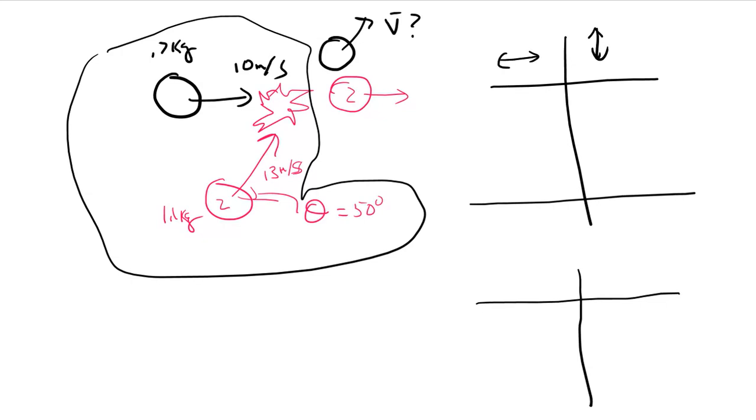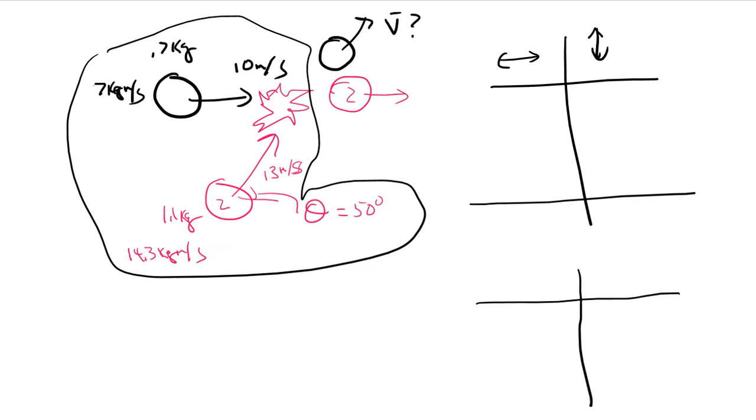So the first one is 0.7 times 10, so it is 7 kilogram meter per second. The second ball is 1.1 times 13. This one has a total momentum of 14.3 kilogram meter per second.